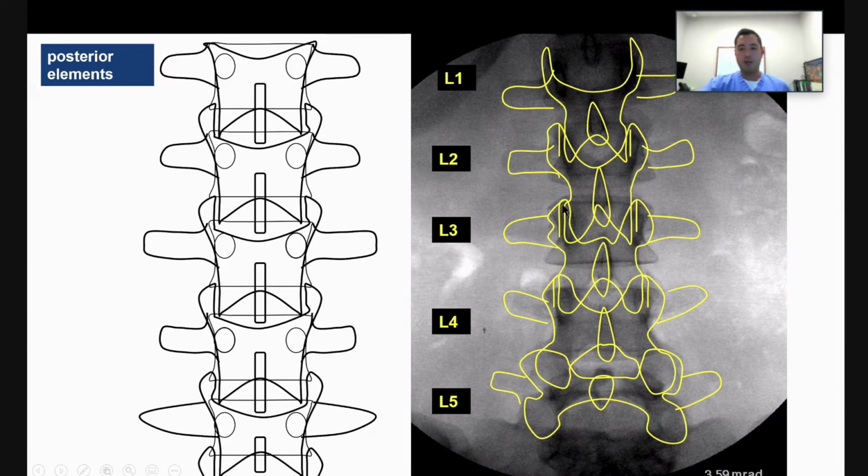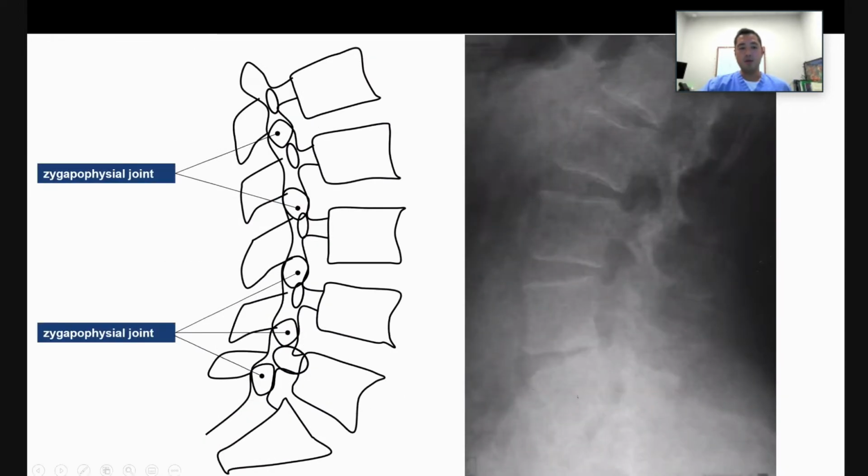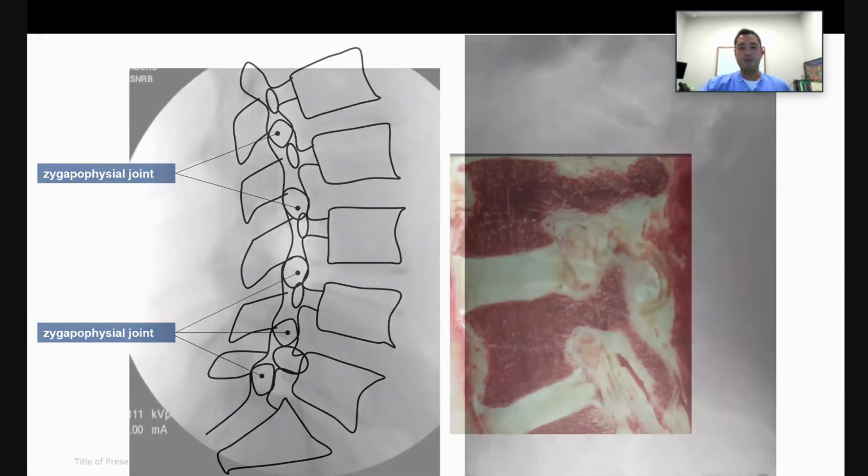You have the facet joints here. You also have the vertebral body here. When you're looking at a lateral view, you can sometimes see the facet joint here, also known as the zygapophyseal joint. You have the neural foramen where the nerve exits. You have the vertebral body here. So again, just getting familiar with what you're looking at, and I think that is reinforced by drawing it out.